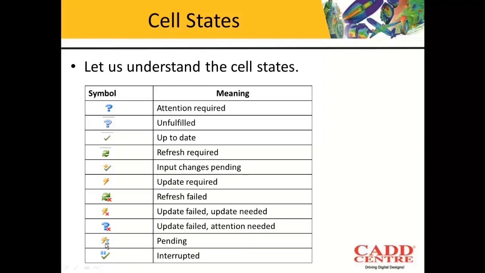If you see a yellow colored thunderbolt with a sand clock, that means the actions on that particular cell are pending. And if you see a green color tick mark with a pause button, that means it is interrupted. That means you have paused the solution for some reasons and want to continue it later on. So these are the cell states that you need to understand.